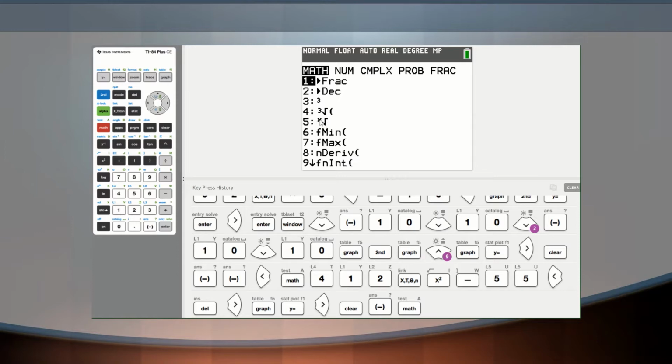As an aside, if I was doing the fourth root, which we're going to look at in a moment, I'd enter the number 4, then hit option 5, and it would load in the fourth root. But here I can just choose option 4. It's going to give me a cube root.